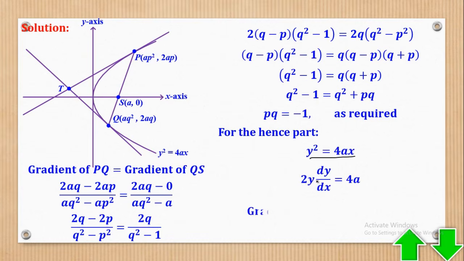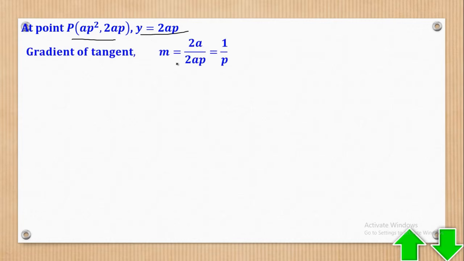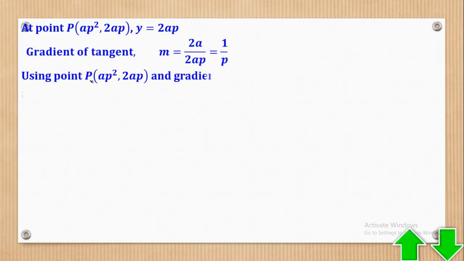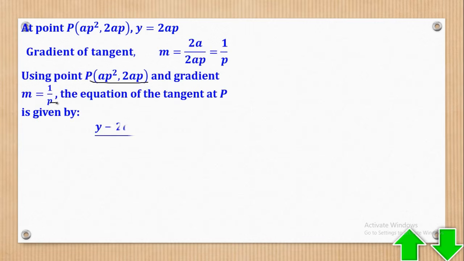So differentiate both sides, then the gradient function is that. So at this point, and y is equal to that, therefore gradient of the tangent is 1 over p. Then using this point and this gradient, I can get the equation of the tangent at point P from this.